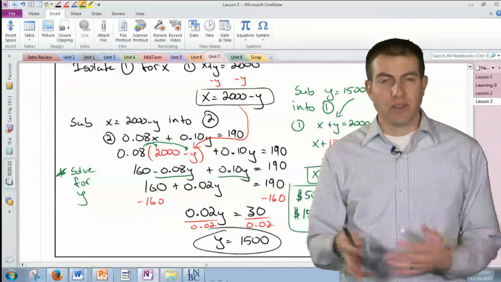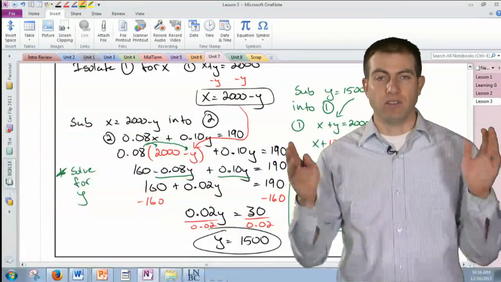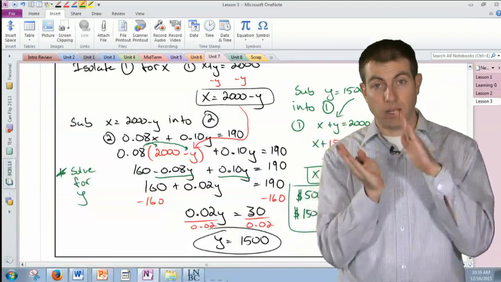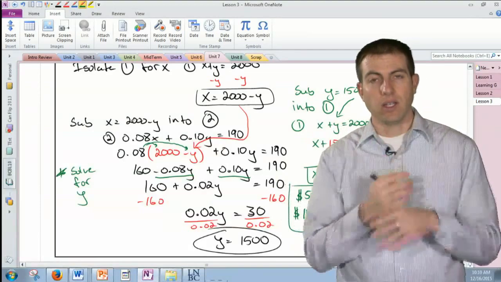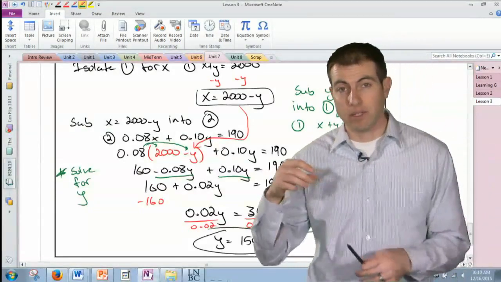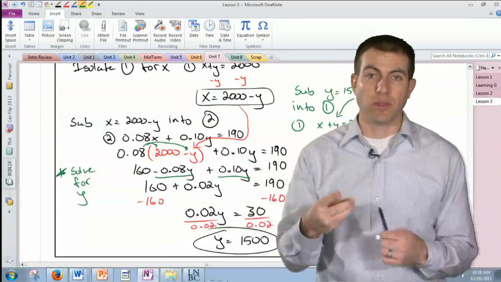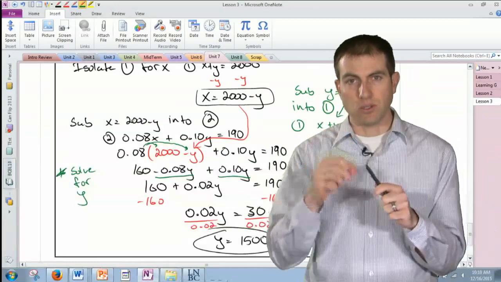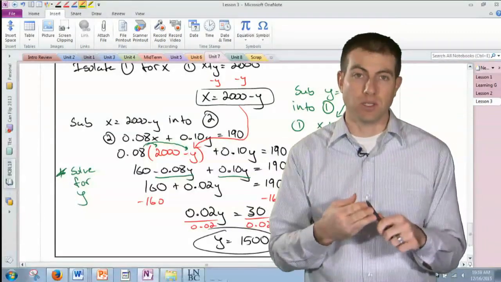The idea is, if you think back to the first lesson we did, you have a graph, you've got two lines, and they're crossing somewhere, or they're parallel, or they're on top of one another. Those are the three situations you're going to encounter. You've now been given 3 different ways to deal with them. You can do it by graphing, you can do it by elimination, adding or subtracting 2 equations together, or you can do it by substitution.